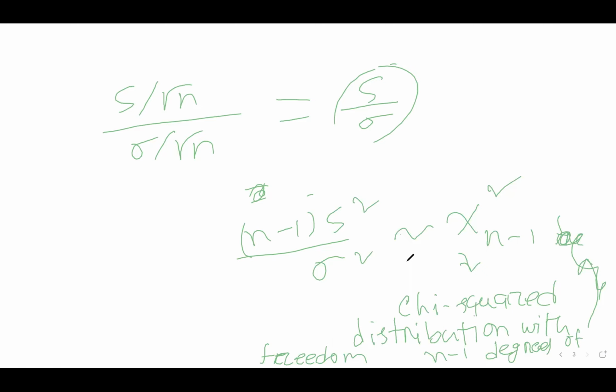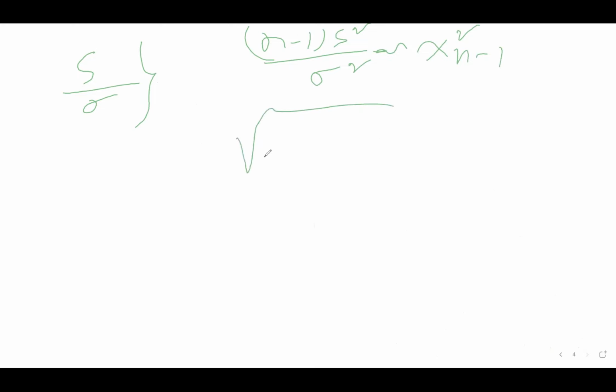So now if we want to write this one as this, in the denominator we had S over sigma, right? But we know that n minus 1 times S square over sigma square is chi-square distribution with n minus 1 degrees of freedom. So what will happen if we take the square root of this?